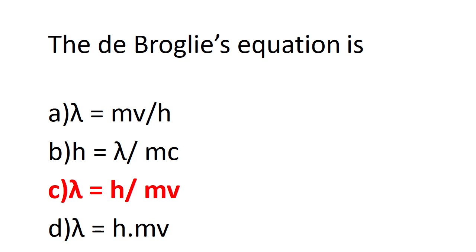I mean to say the de Broglie equation correlates both the nature of matter, that is wave nature and particle nature. Here in the equation you can see lambda, that is wave nature, and m into v, that is momentum, which is of particle nature.